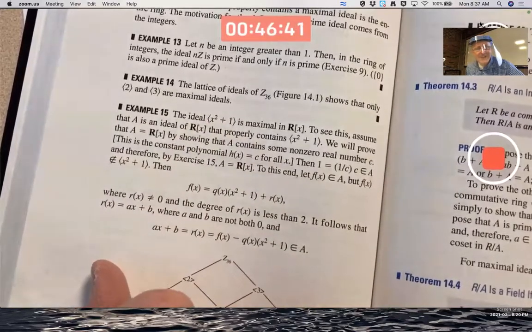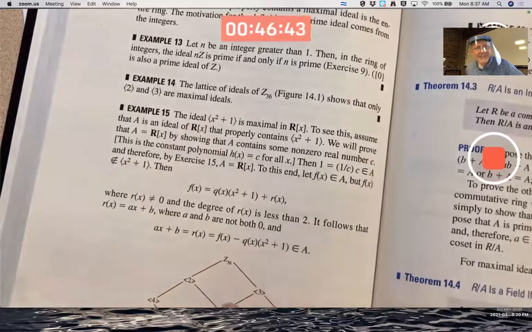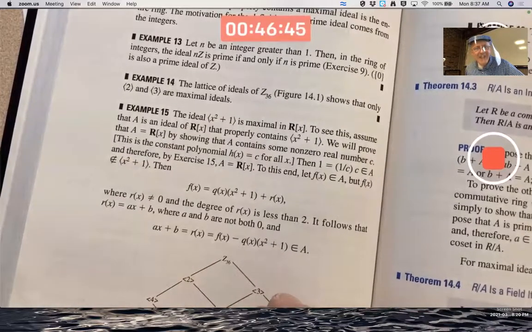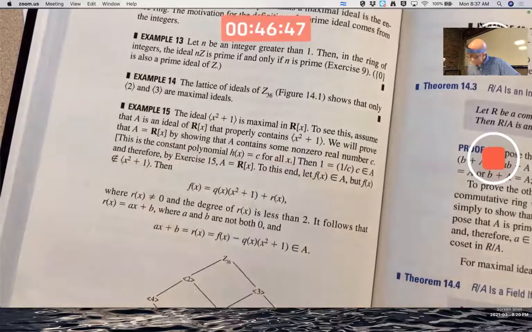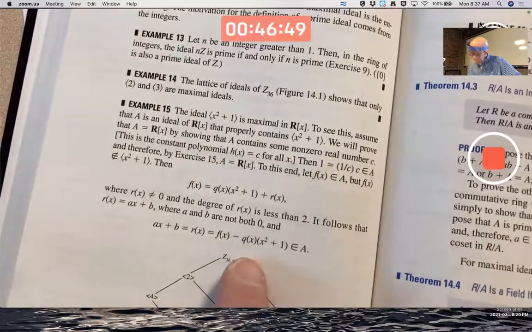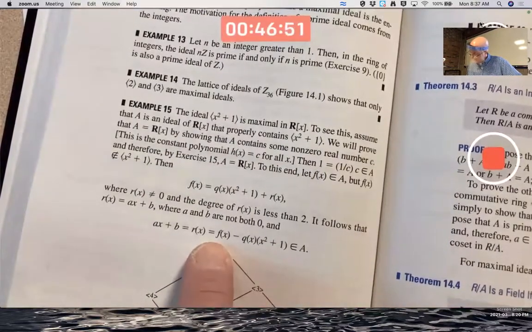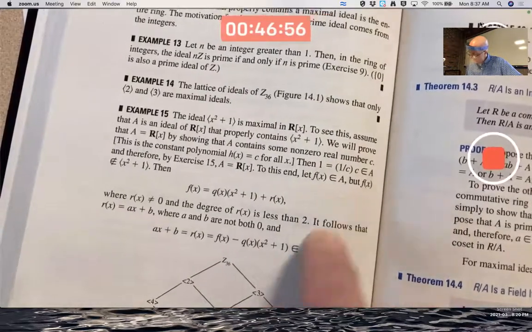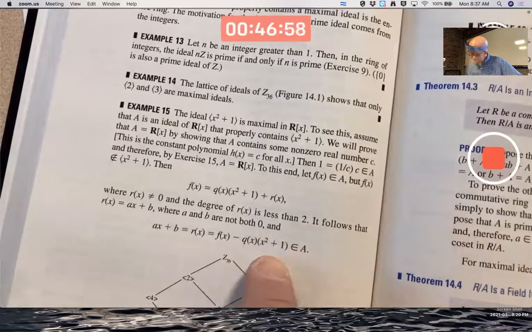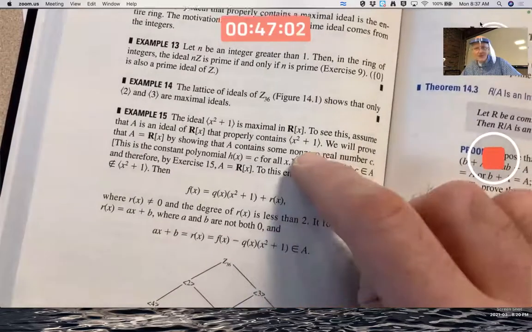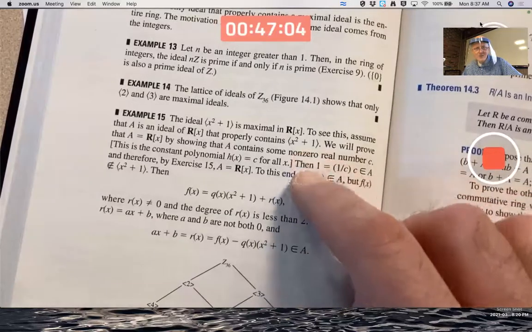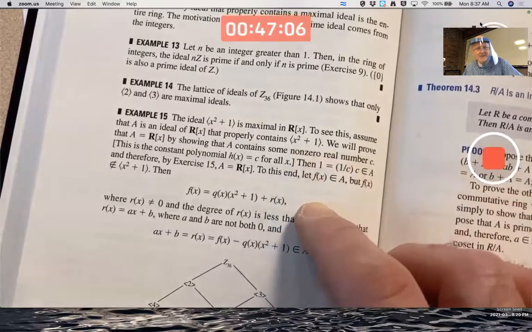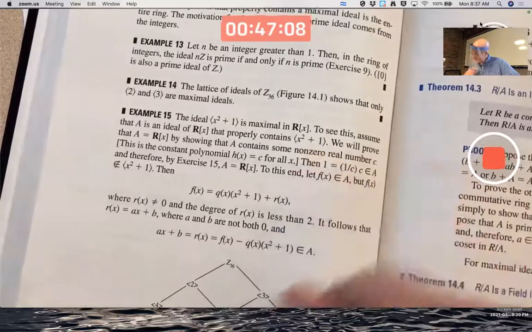Sorry, wait a minute. A is not the same as this, so now I'm confused. Let's see. F of x is certainly in A because we're assuming it, which would definitely be in this ideal here, but we're assuming A is not the same as that ideal. It properly contains it, so I'm a little confused.